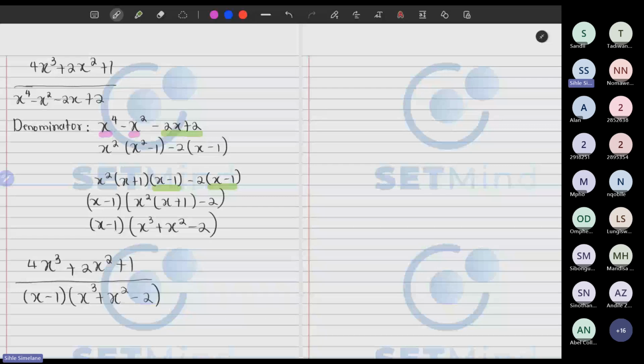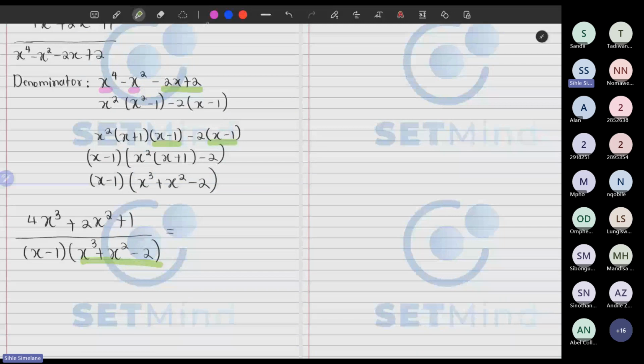And then what we need to realize is that this bracket, we can't break it into linear factors. We are okay with that. We will need to accept that reality.